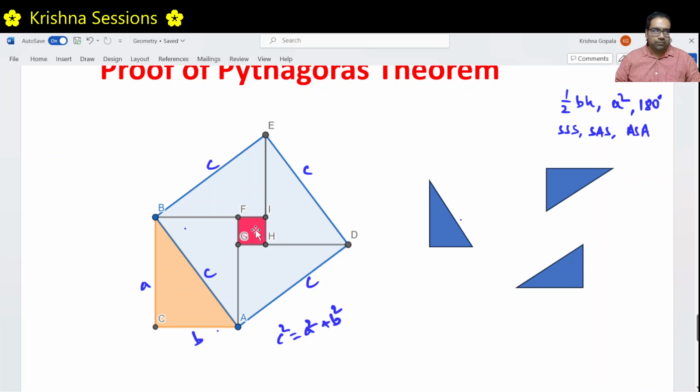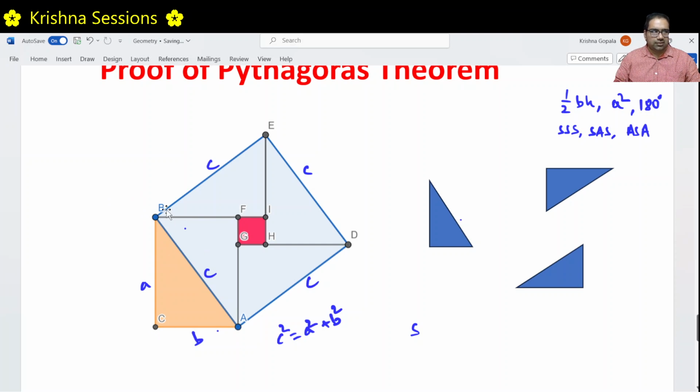Right. Now let us try to compare these parts. Let us compare this part BFA, ABF, and this part ABC. These two. If you try, this is also a triangle, this is also a triangle. One side is common, right? C is common, so one side is common. These two are parallel and these two are parallel.